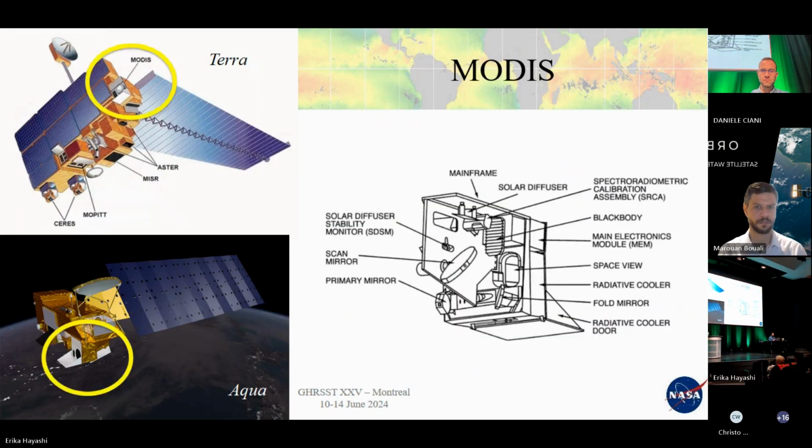So, MODIS is a big instrument. The satellites are big as well. And the cutaway diagram here shows the internal array of some of the critical components. A remarkable characteristic was this large paddle wheel scan mirror, which has two sides. This means it can rotate quite slowly compared to previous mirrors, such as on AVHRR.